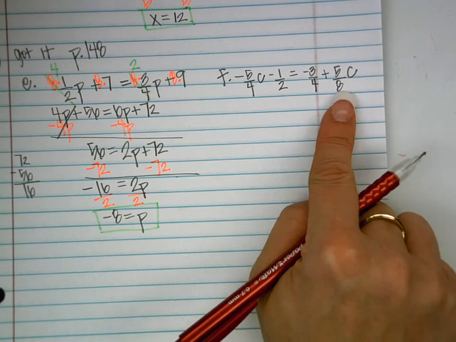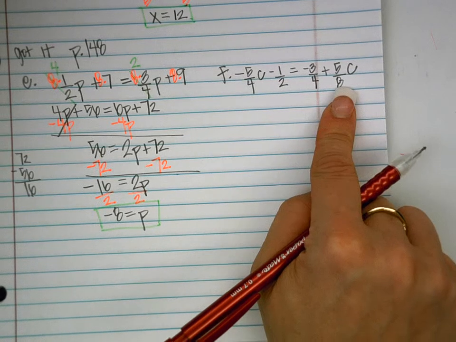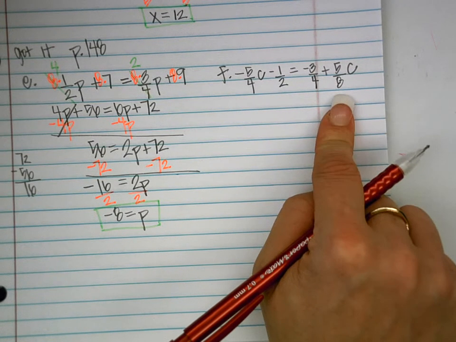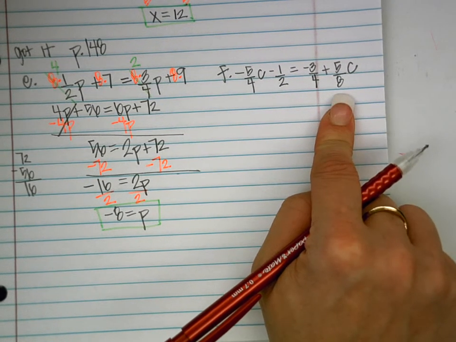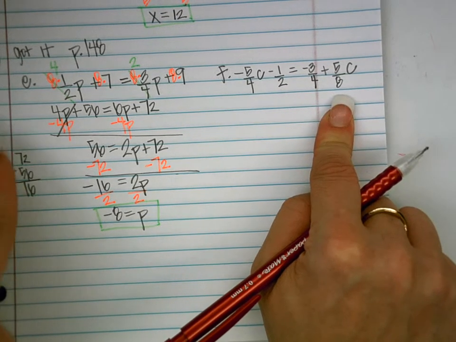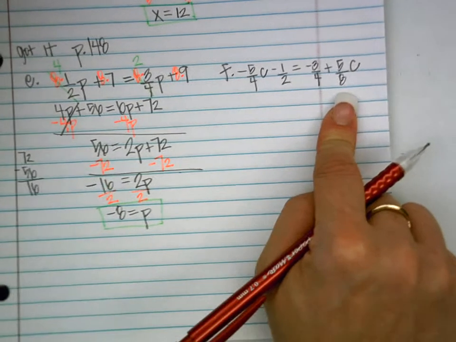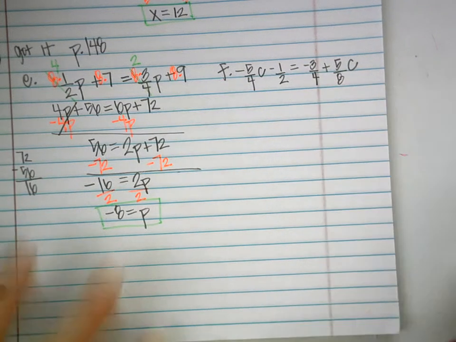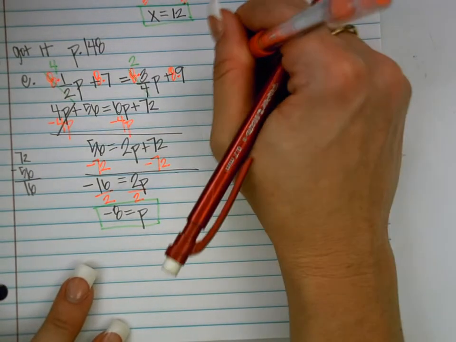You always want to look at the biggest denominator and figure out if that denominator by itself would cancel out all the other ones. If it doesn't, then you want to think of a bigger number. So here, yes, you could multiply everything by 8. So you're going to write 8 next to every single part.